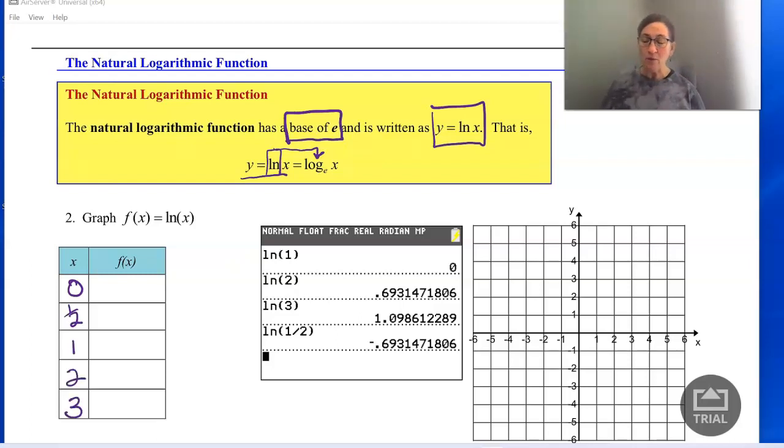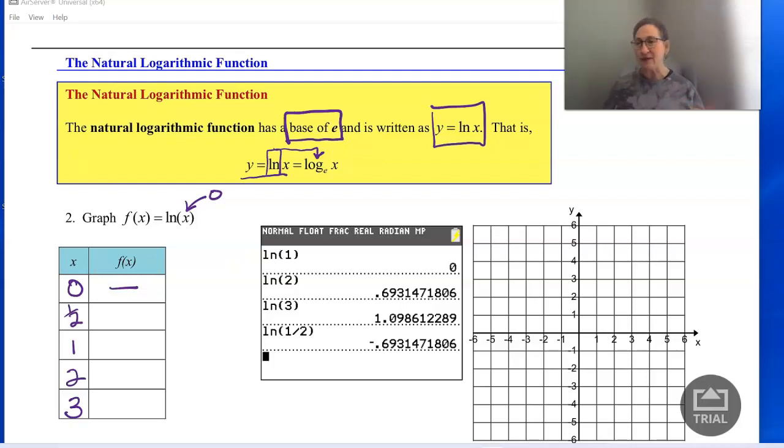Well, when we put in a 0 for our x, we get an error, because remember that logs get really close to 0, but they don't equal 0. Your argument can never equal 0. So there is no value there. Just like your argument cannot be negative. When I picked my x's, I didn't pick any negatives. Otherwise, I would have gotten an error for those.